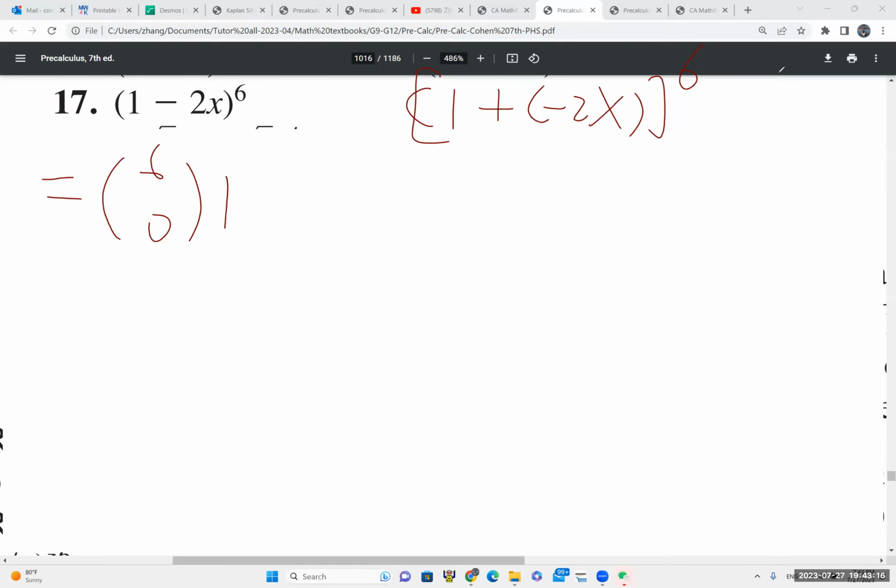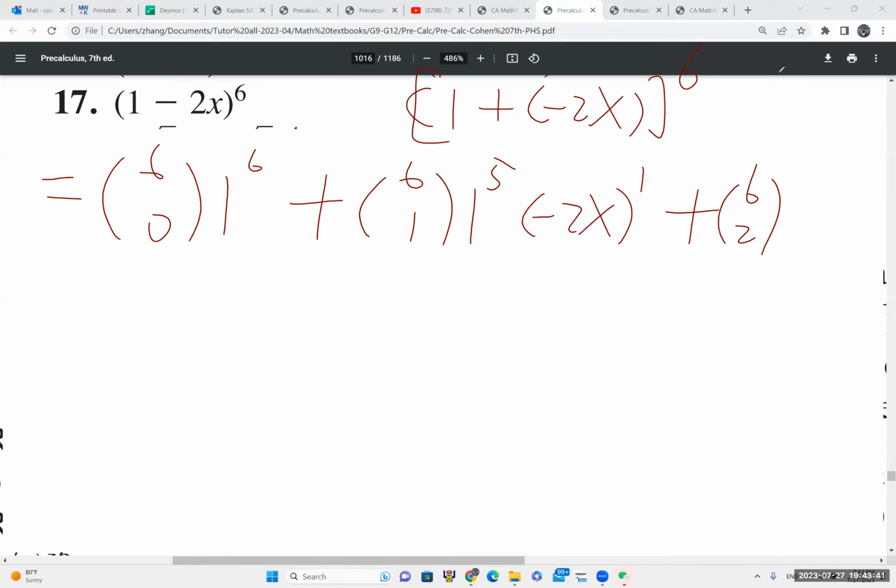Then 1 to the 6th power, and negative 2x to the 0 power, so we will not write it. Then the second one is 1 out of 6, here 1 to the 5th power, then negative 2x to the 1st power. Then plus 2 out of 6, then here 1 to the 4th power, negative 2x squared.